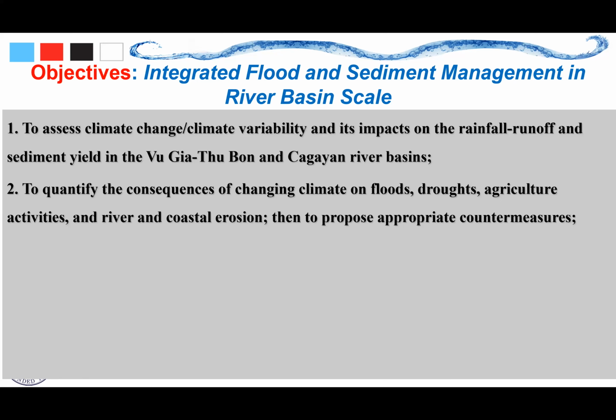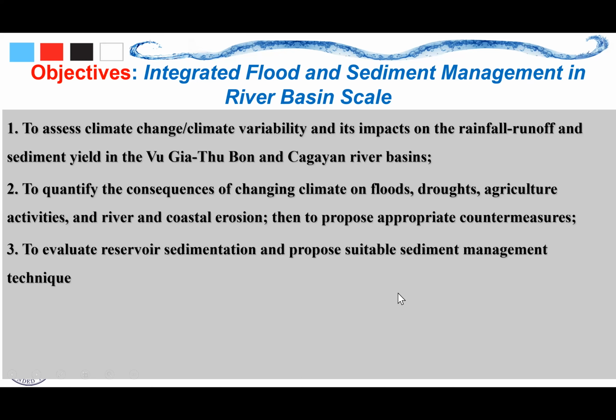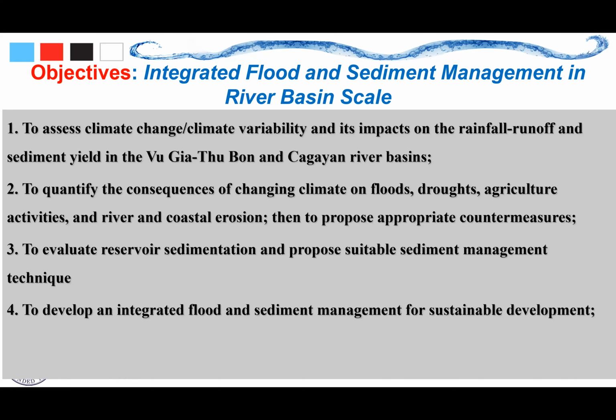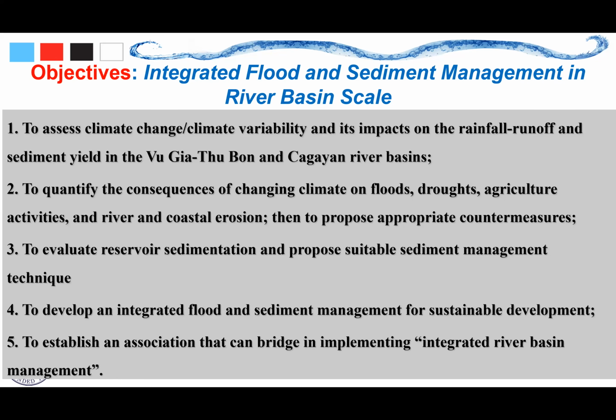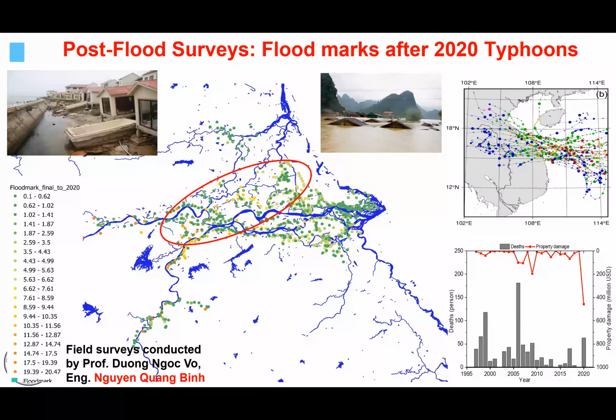Then we want to propose a suitable countermeasure for these problems. So to evaluate reservoir sedimentation and propose suitable sediment management technique, which is very much related to the first part which I discussed, and develop integrated flood and sediment management for sustainable development, and establish some NGO association that can bridge in implementing this technology.